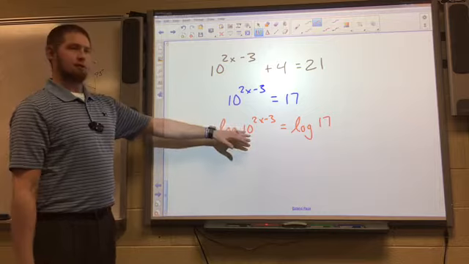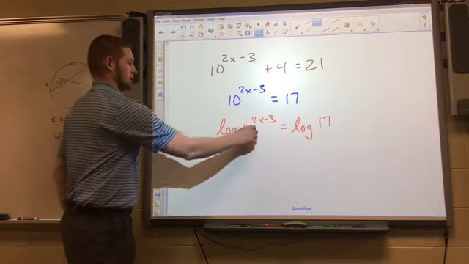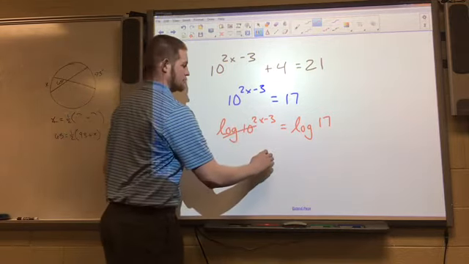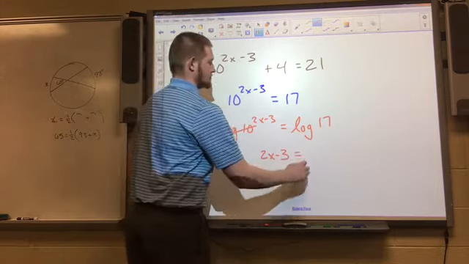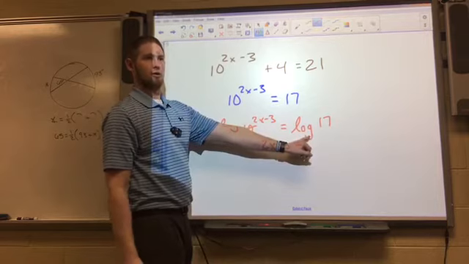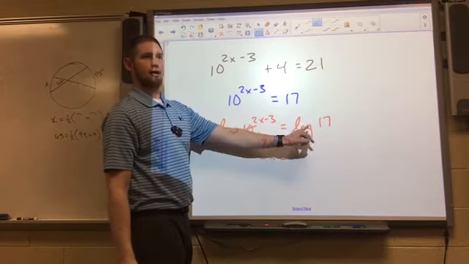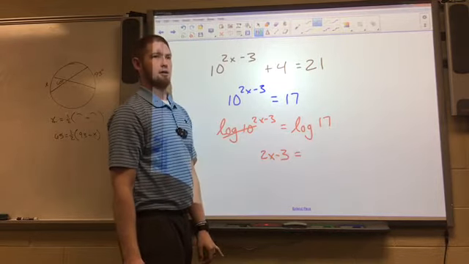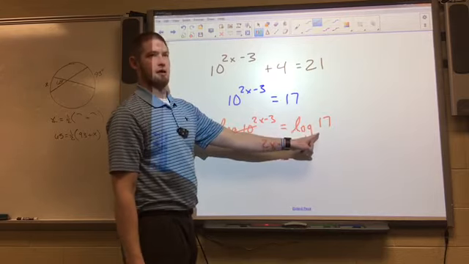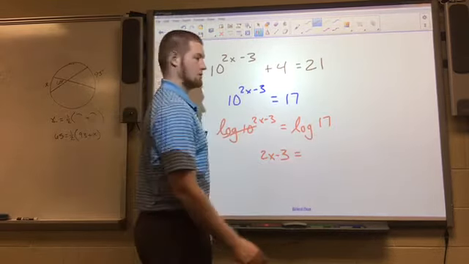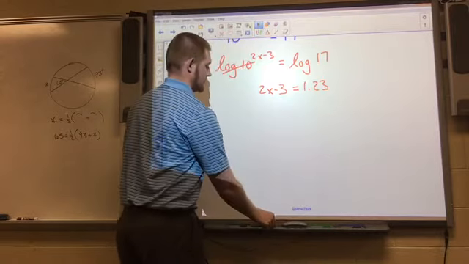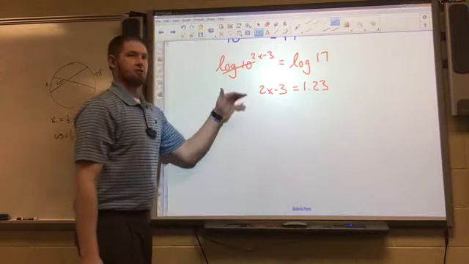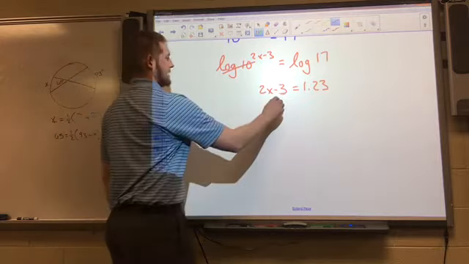So on the left side, the log and the base cancel, and I get 2x minus 3 equals, now, is this a number? Can I do that in my calculator? Yeah, because it's already a base of 10. 1.23. And now from here I just have my equation. So I add 3.